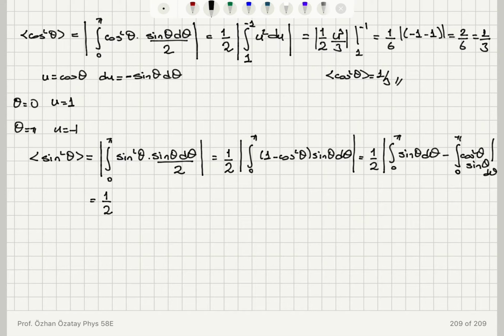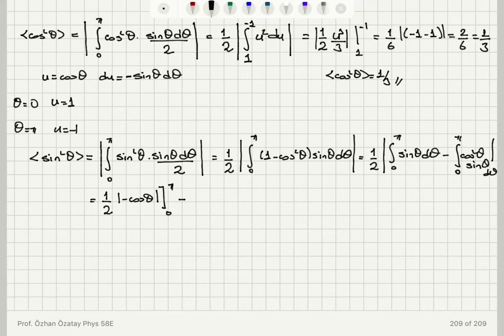The integral of sine theta is minus cosine theta evaluated between 0 and pi, and then minus, I have the same integral I have encountered before, which basically gives me, if you remember, 2 over 3. So I can redo it.